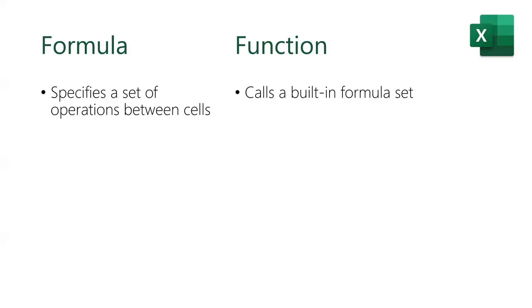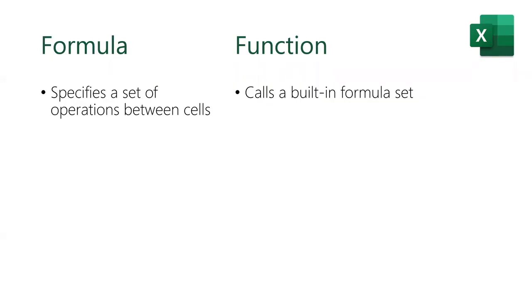For example, if it's average, you can do average with a formula also. How would you do average with a formula? You are going to do A plus B plus C plus D, all of the numbers, divided by, you are going to count all of those numbers and say divided by that particular number, right? However, you can also use a built-in function called average.